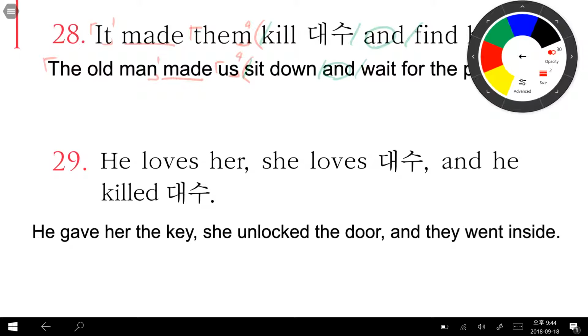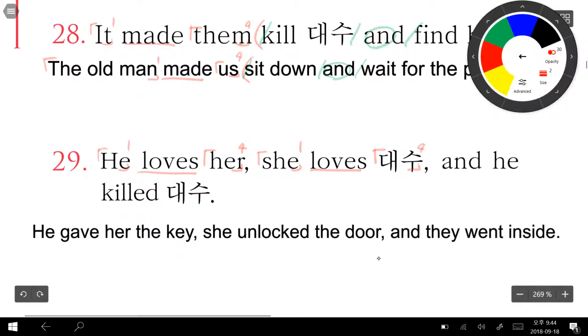For the first clause, he is the subject, loves is the verb, and her is the object. We then place a comma before the second clause. In the second clause, we have the subject she, the verb loves, and the object Desu.